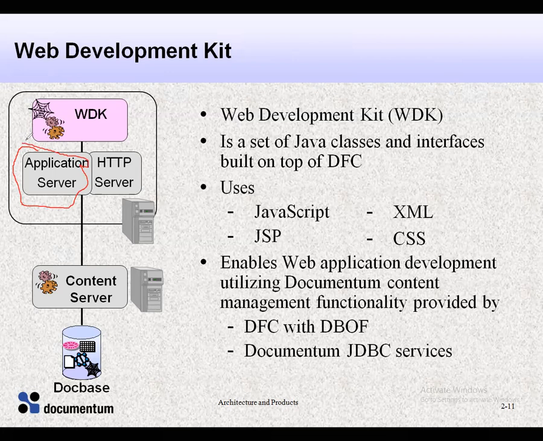Either I say application server or I say Tomcat. It is like one place I say database and another place I say Oracle. Oracle is an example of a database. Similarly, Tomcat is an example of an application server.